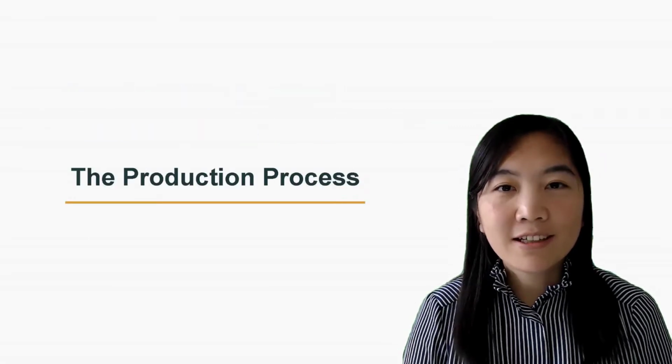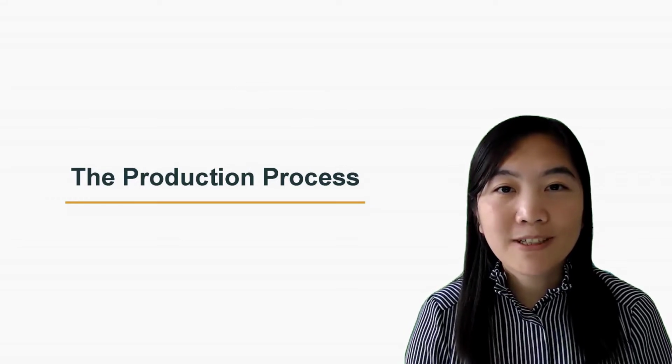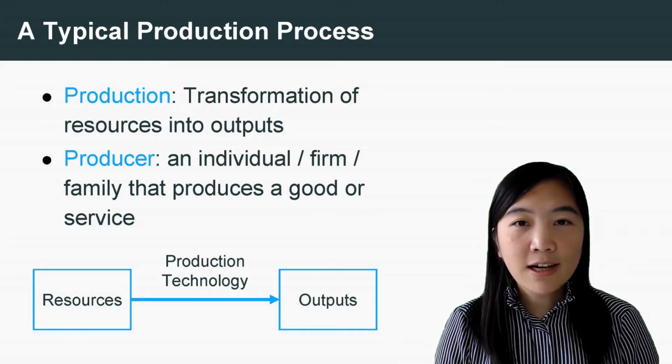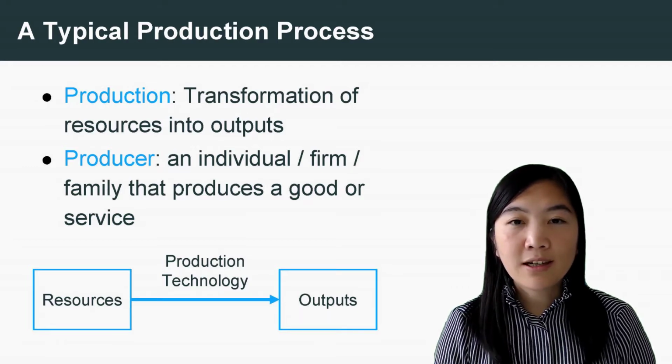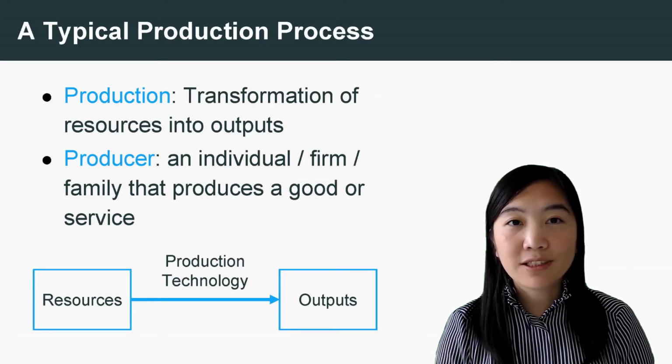Okay, so let's take a closer look at what the components of a typical production process are. You already saw this flowchart in last lecture. So production is a transformation of inputs into outputs. And during this process, it's very important to mention that the decision maker is the producer.